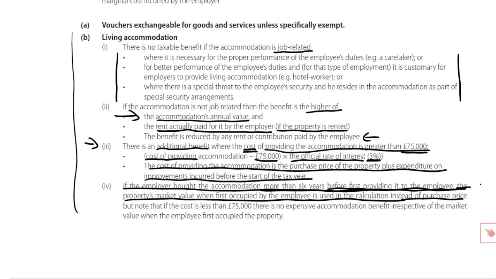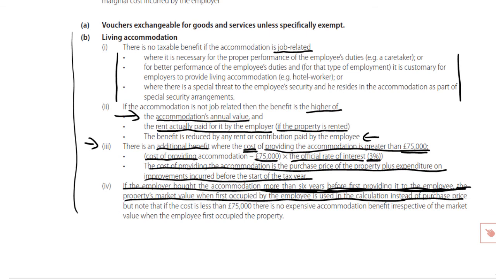Well, 2015 is more than 6 years on from 2006, when the property was first purchased by the company. So the employer bought the accommodation more than 6 years before providing it to this employee.